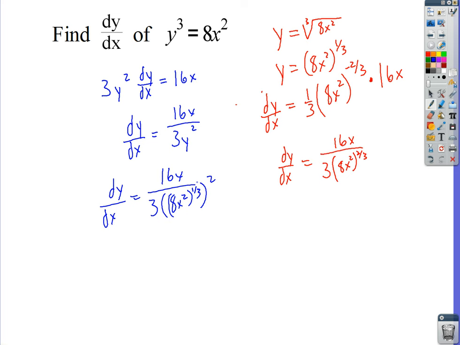Then I have a power to a power, which means I multiply. So this is equal to 16x over 3 times 8x squared to the 2/3 power, which is exactly the same thing.